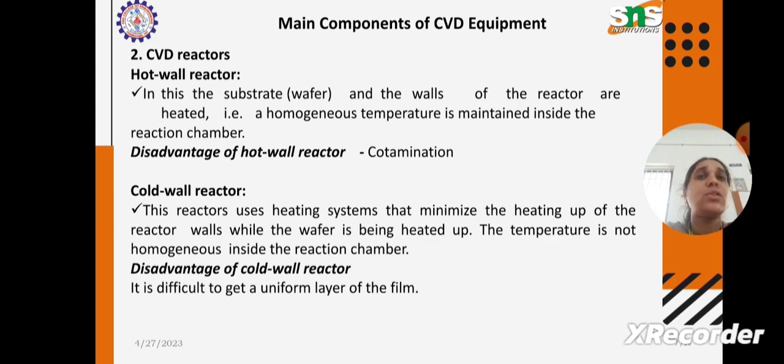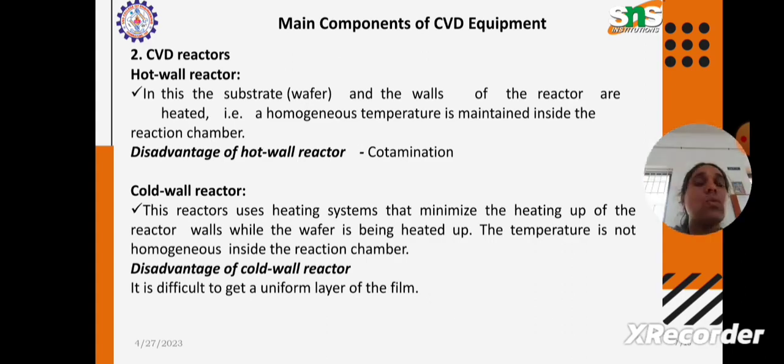In CVD, there are two reactors, the cold wall reactor and the hot wall reactor. In the hot wall reactor, the substrate, that is the wafer, and the walls of the reactor are heated. A homogeneous temperature is maintained inside the reaction chamber.